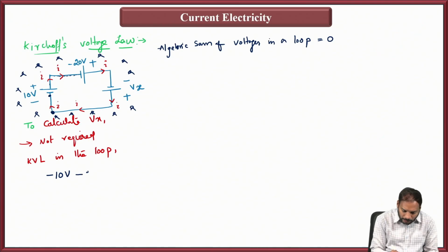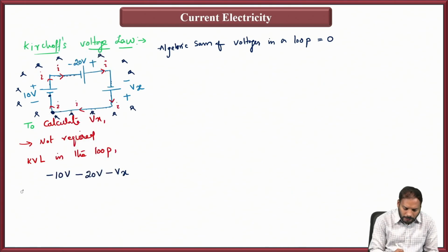Then, walking in the loop, finally you touch the negative terminal of the Vx battery. Whatever terminal you touch first, you take that as the sign. Then you walk and come back to the original point.